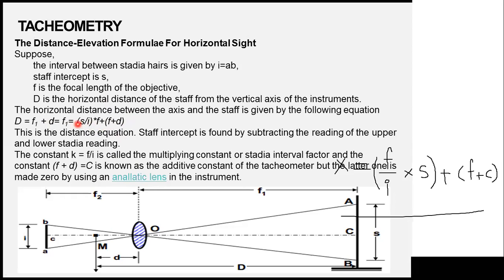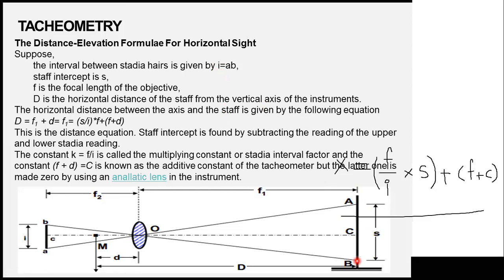The interval between the stadia hairs present in the telescope is given by i. The staff intercept, as I have already told you, is s, the distance between A and B held at the vertical staff.